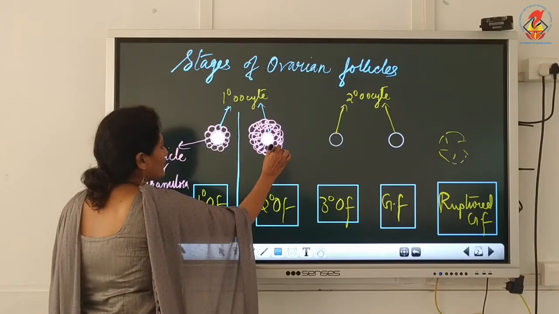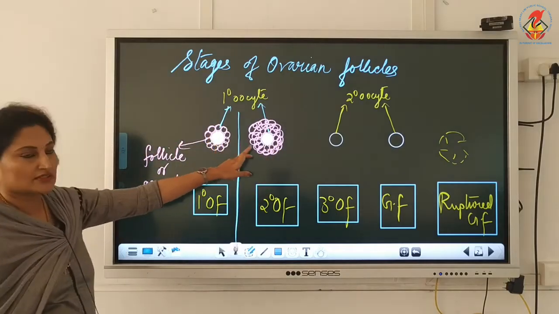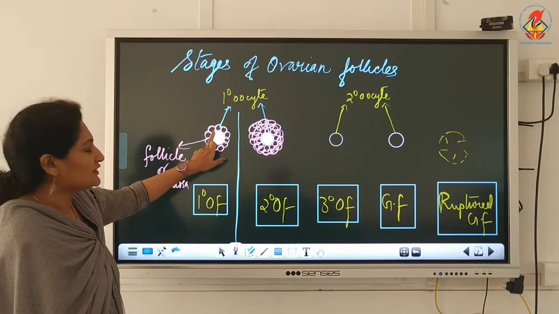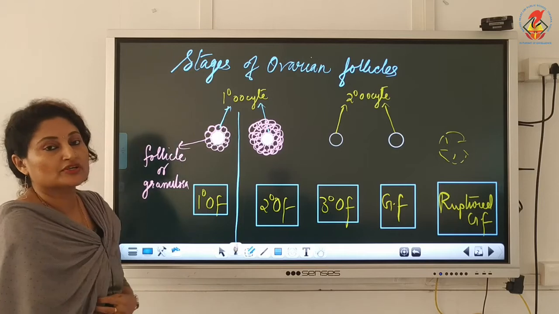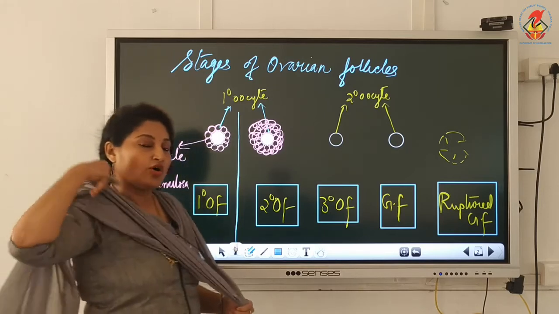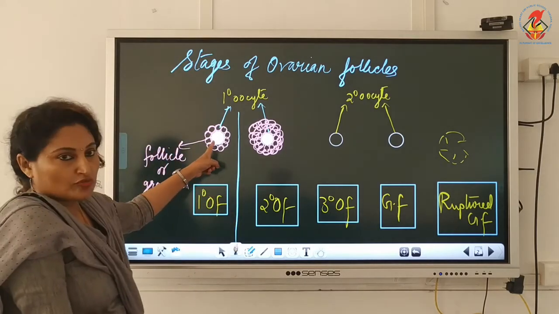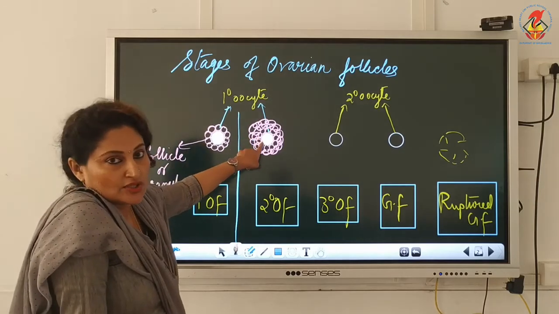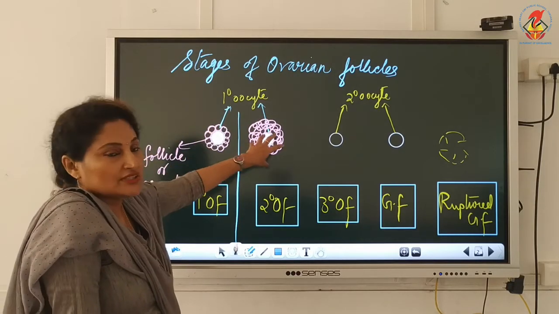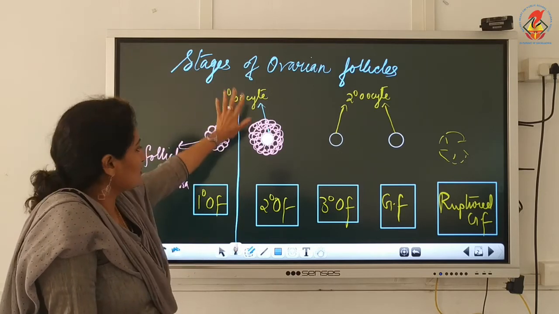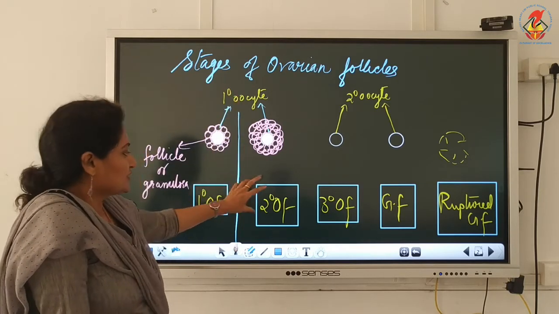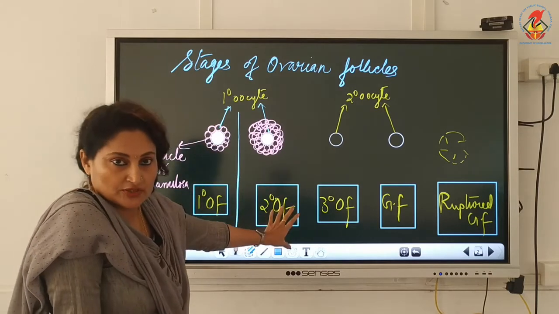So what's the difference between the first structure and second structure? In the primary ovarian follicle, there's only one layer of granulosa cells or follicular cells. Here there are many layers. But the similarity of both these structures is that the oocyte is the primary oocyte. So you got a clear picture of the distinction between primary oocyte and secondary oocyte.